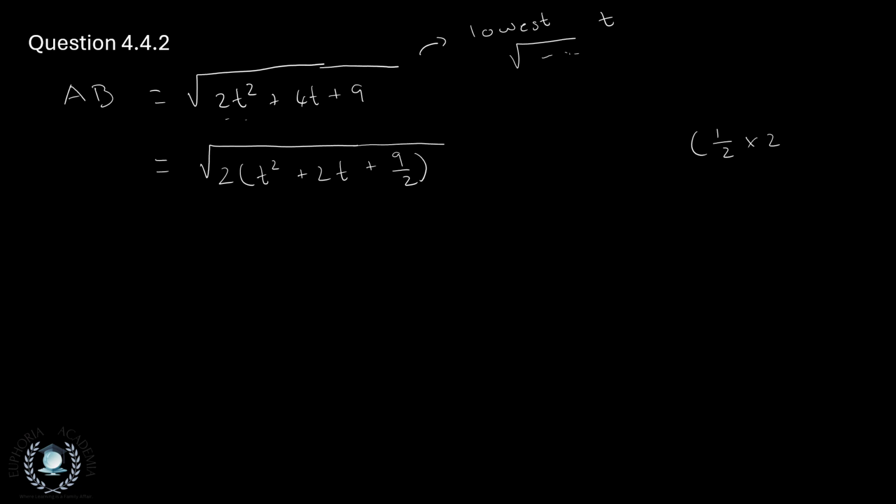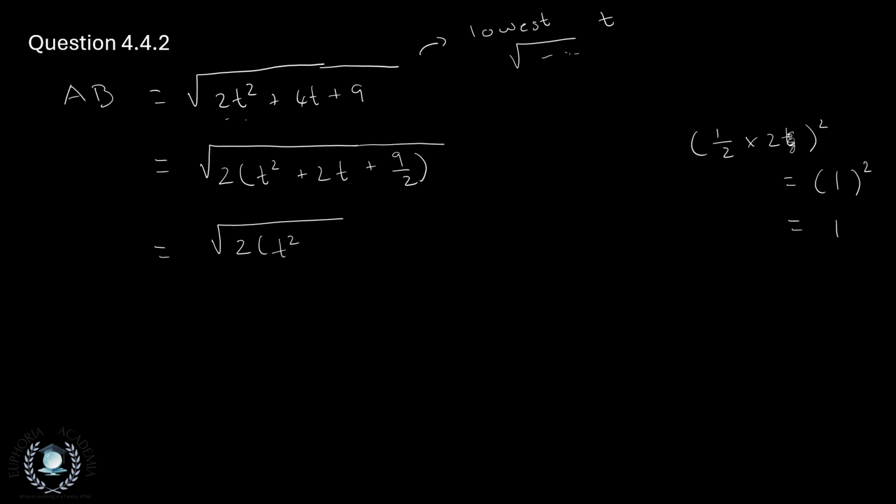So we're going to say half times 2t is going to give us 1, and 1 to the power of 2 is just 1.